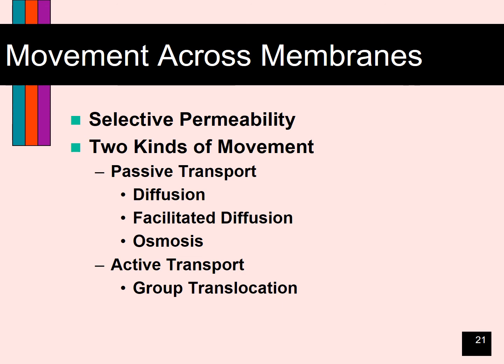Okay, and we're going to see that for active transport, not only do you require some type of channel carrier type protein within the membrane, but you are also going to use energy. Okay, so sometimes we say that that is requiring work, okay, that you would use energy.